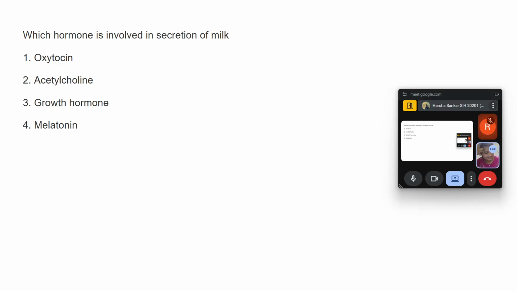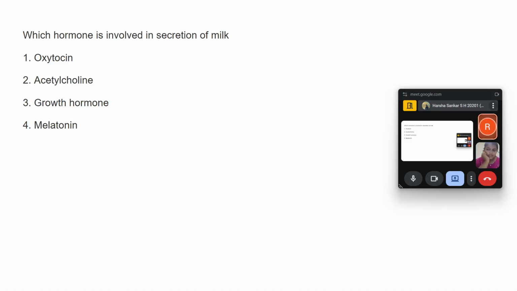Melatonin controls our circadian cycle. If we wake up daily at this time, we automatically wake up at that time, right? So our day and night cycles are controlled and regulated by the activity of melatonin.